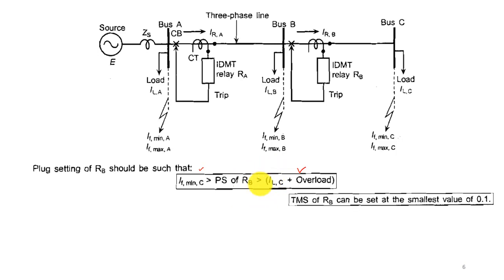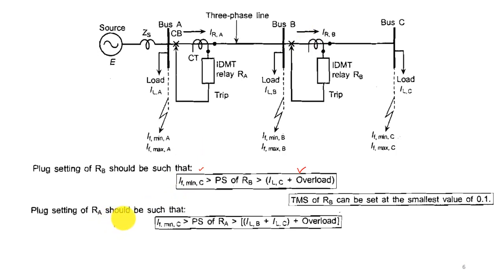In the previous example, we took it as ILC plus overload. Then the TMS setting for RB can be set at the smallest value because it is the tail end relay, so it needs to operate instantaneously. So it will operate at 0.1 second.